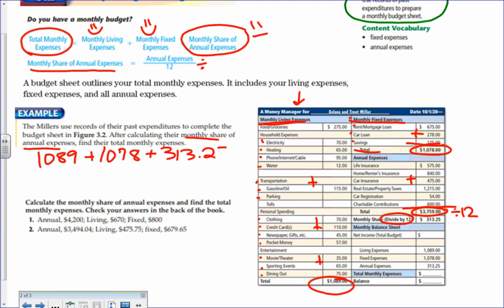So think about this. If you didn't plan a part of your monthly budget, if you didn't put it aside for those annual expenses, every month you'd be $300 short. So you definitely want to make sure that all those big yearly things that you spend your money on, you're planning in your monthly budget.